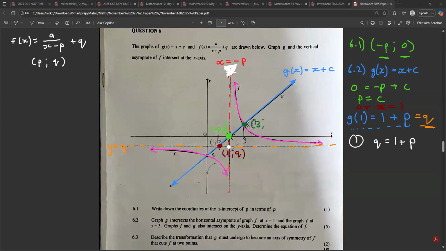Okay, now let's look at the dark green, where they say that blue intercepts pink at x is equal to 3. Let's do this in dark green so that you know which one I'm talking about. At x is equal to 3, we know that g of 3 is equal to f of 3.